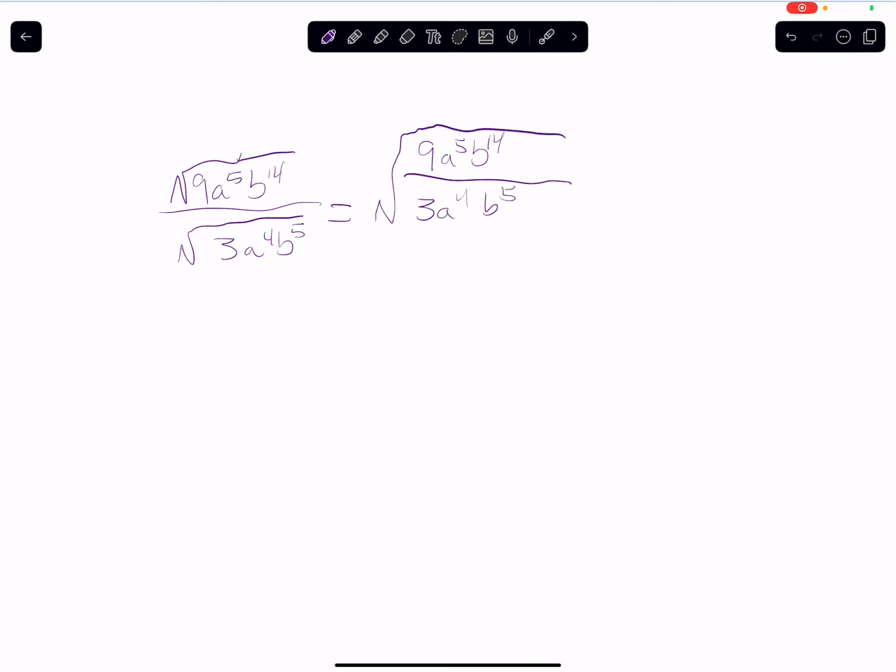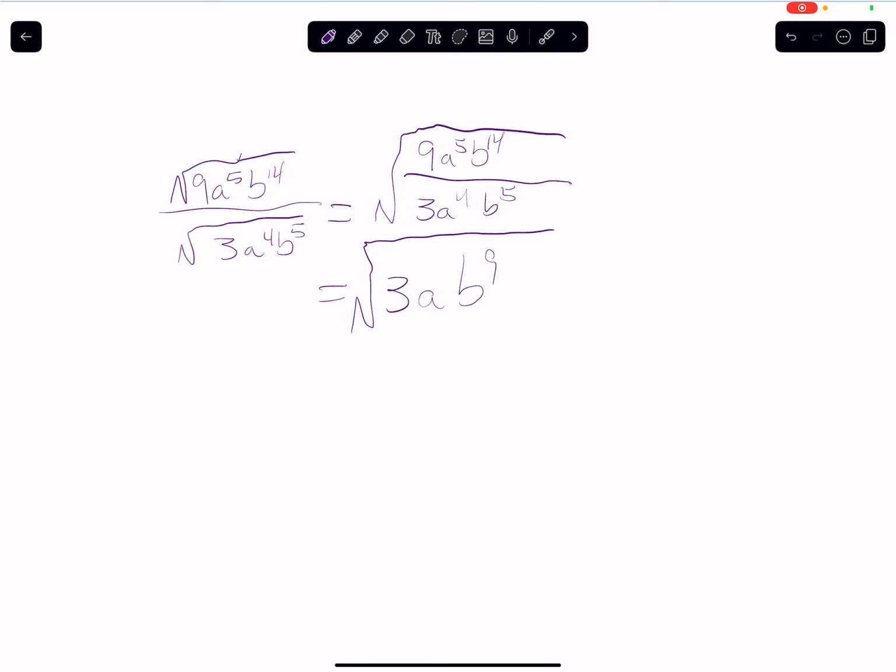Now we can use the things we know about exponents to simplify further inside the radical. We know that 9 divided by 3 is just 3. We can use the quotient rule of exponents to say that a to the 5th divided by a to the 4th is 5 minus 4, which is a to the 1st power. And b to the 14th over b to the 5th is b to the 14 minus 5, which is b to the 9th power.